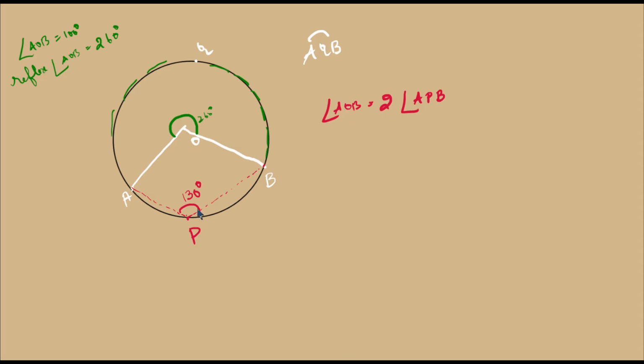But what I wanted to stress in this video was, what if the major and the minor arcs were equal? Meaning, what if we are considering the semicircle? Or what if the arc is this, the diameter AB, and the arc is exactly equal to the other arc?